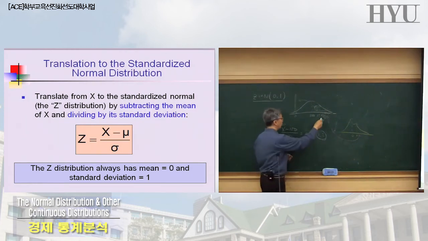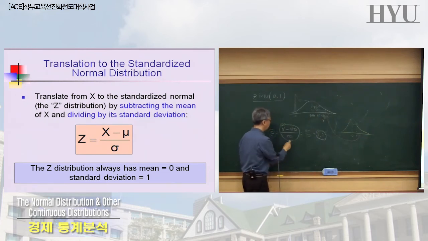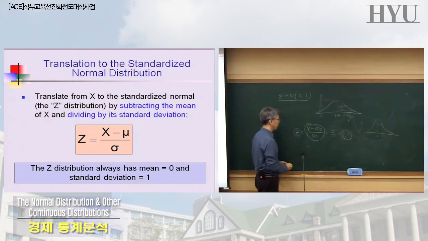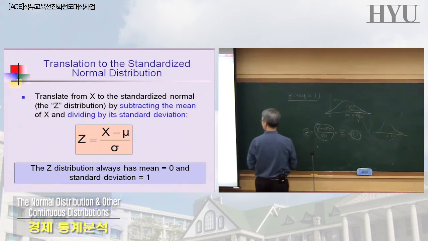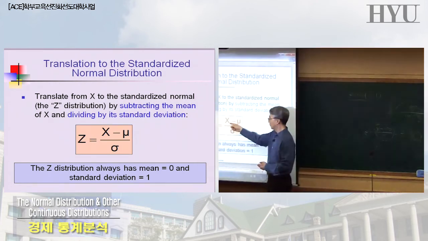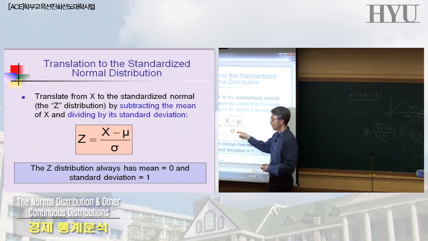So 60 is 1.2 times 50, right? And that's exactly what the z-score is about. You know, this numerator is the distance from the mean, well, we subtract the mean from that particular random variable value, right? So this deviation is 1.2 times the sigma, okay?